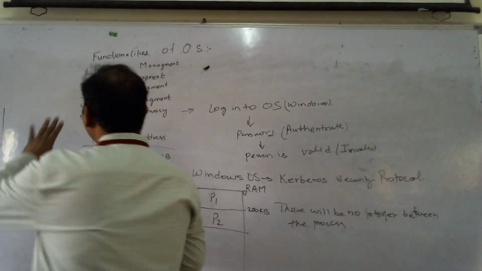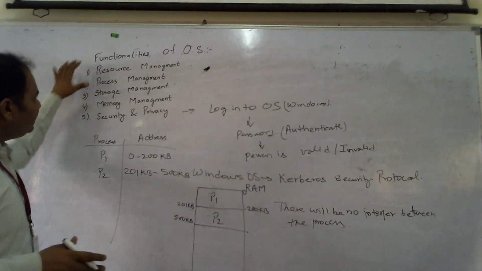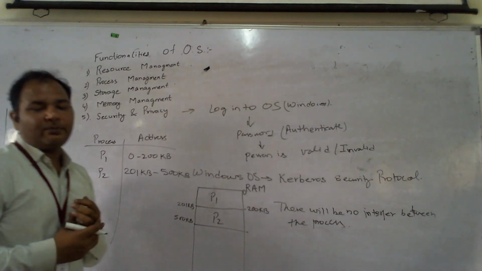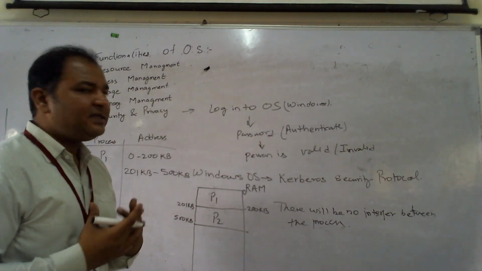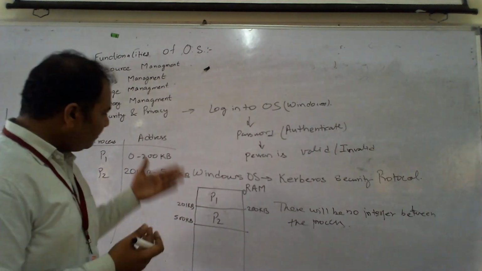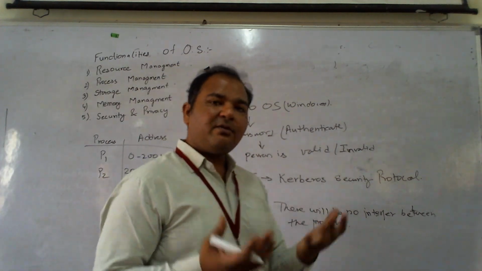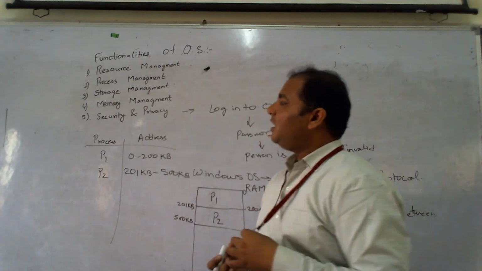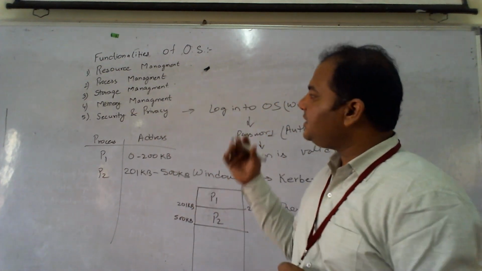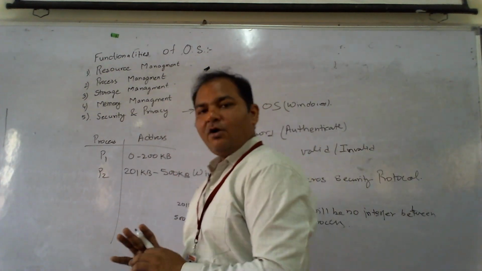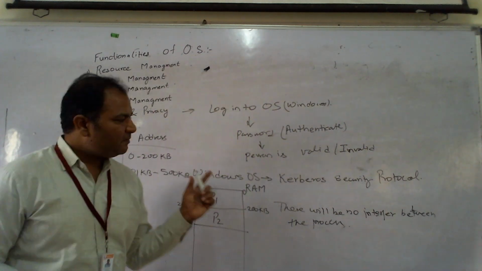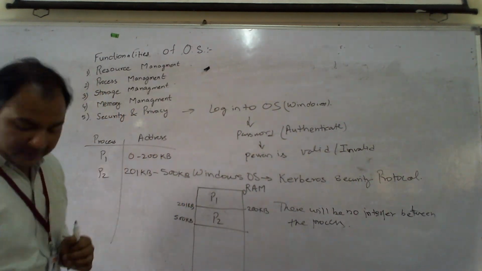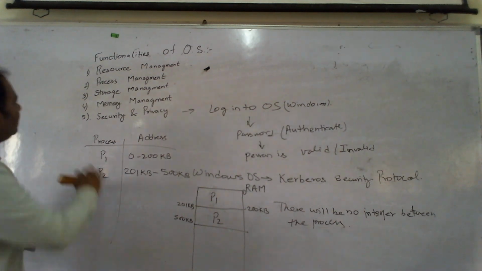This is not the limit of the functionalities, but these are the major functionalities of the operating system. There may be many more different functionalities, but we can easily say these are the major functionalities of the operating system.